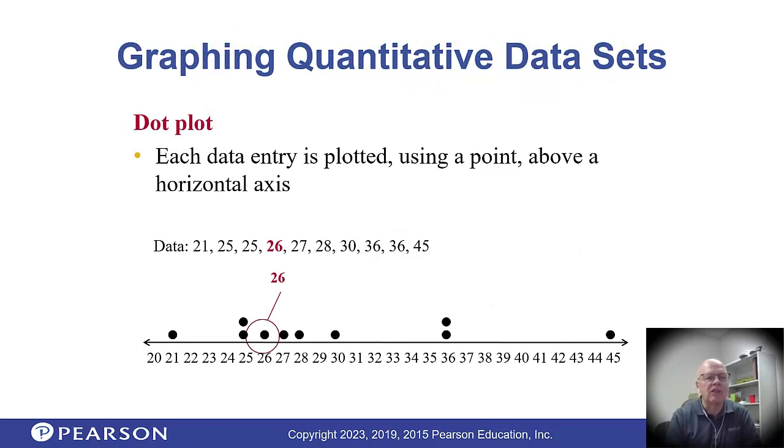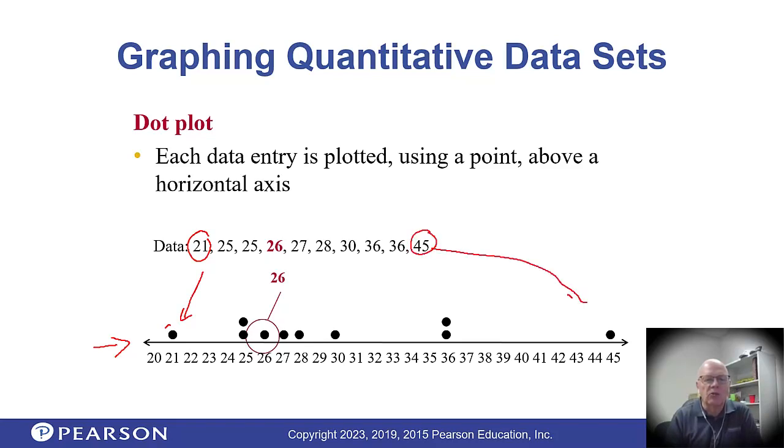Very similar to that is the dot plot. And for this one, you need room on this axis, sort of like a number line. You have to make sure that all your data will fit in here. So if 21 is your first one, you have to have 21 somewhere on the left, and the largest one is 45.